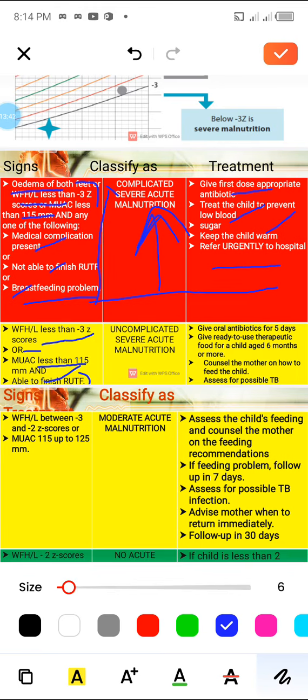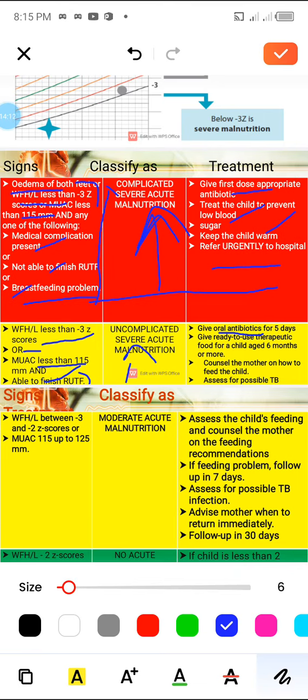Okay, that's the thing. Then the child can be classified under uncomplicated severe malnutrition because you are able to see that the child is able to finish RUTF, but then they're having those problems. So this is uncomplicated severe acute malnutrition under your classification. Then you can continue by giving an antibiotic for 5 days because you're not taking this child to the hospital, you're just treating at the center.